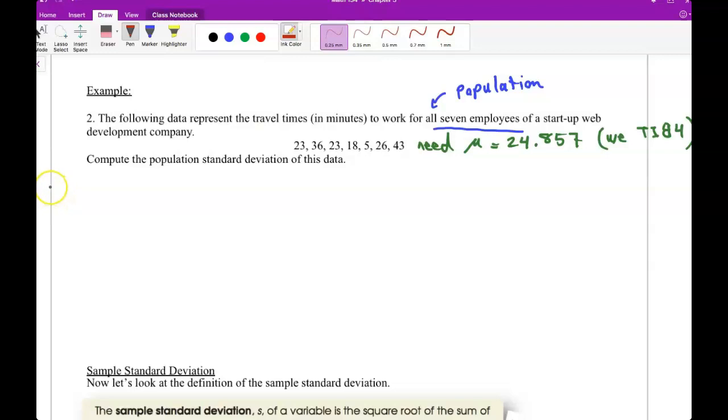Now finding population standard deviation.